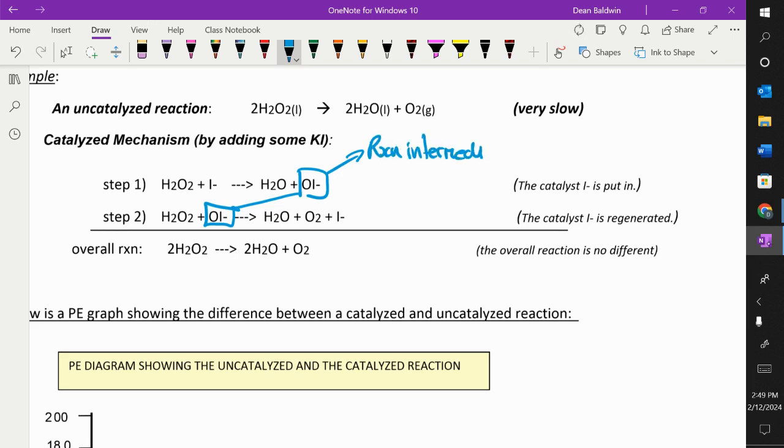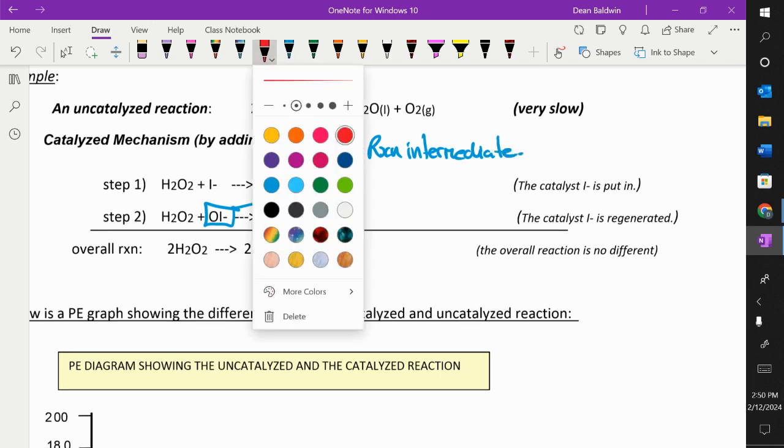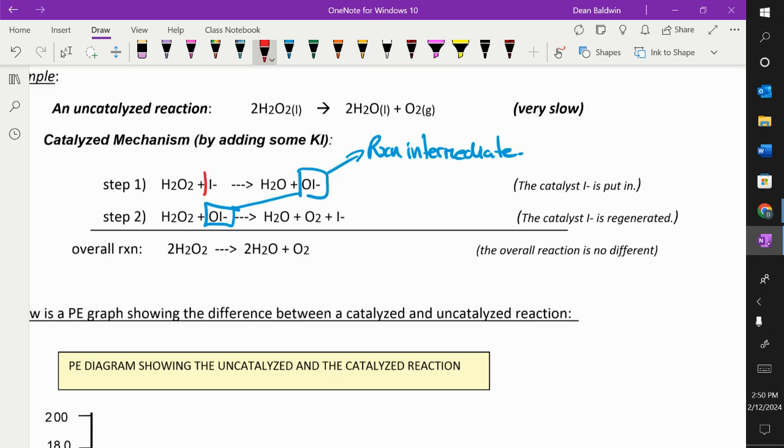No, I wasn't looking for the name, sorry. It's a reaction intermediate. But if you look at I minus, it doesn't show up in the overall reaction. Okay? It is added on the left side. So you are putting it into the reaction.